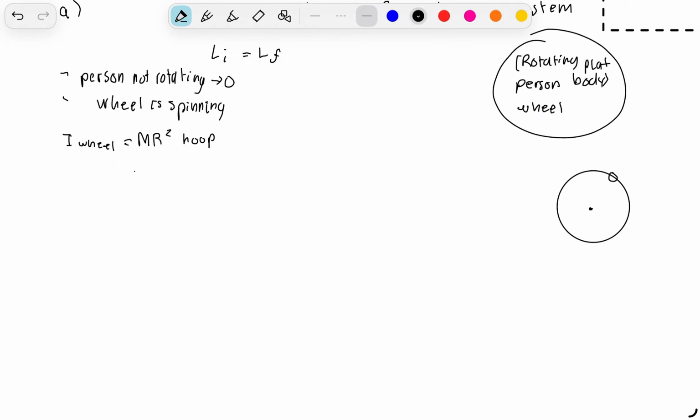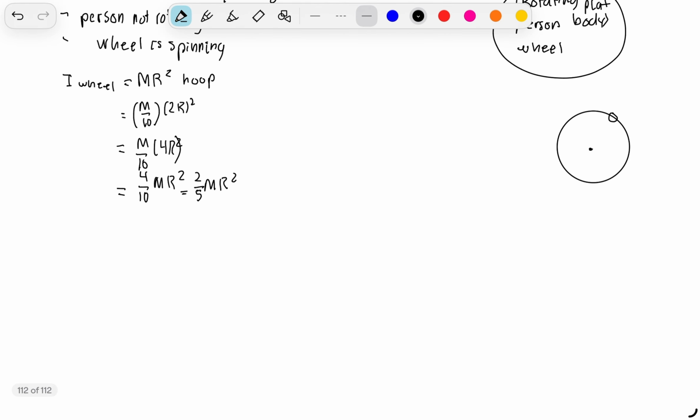But here our mass is just 1/10 of it and our radius is twice. So we can plug those in. We have m over 10 times (2r) squared. So that's going to be m over 10 times 4r squared, where we get 4 over 10 mr squared, which equals 2 over 5 mr squared.